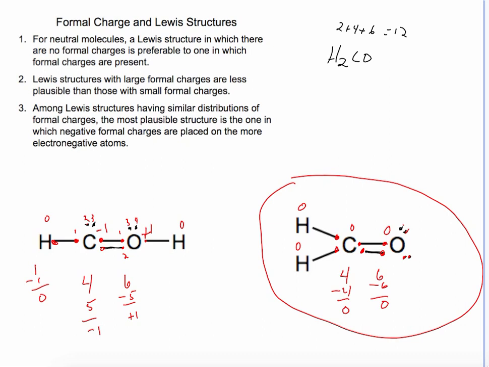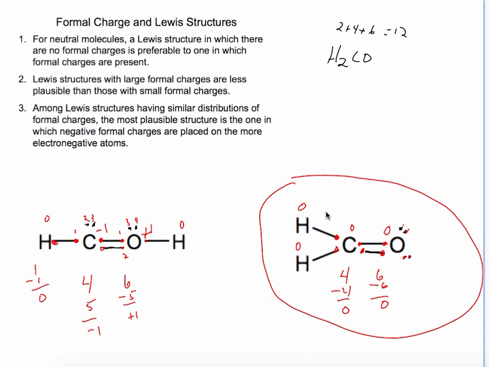The first rule is for neutral molecules, a Lewis structure in which there are no formal charges is preferable to one in which formal charges are present. If you look down here, this structure had formal charges of a -1 and +1, whereas this one didn't have any formal charges. So this structure is the preferred structure.